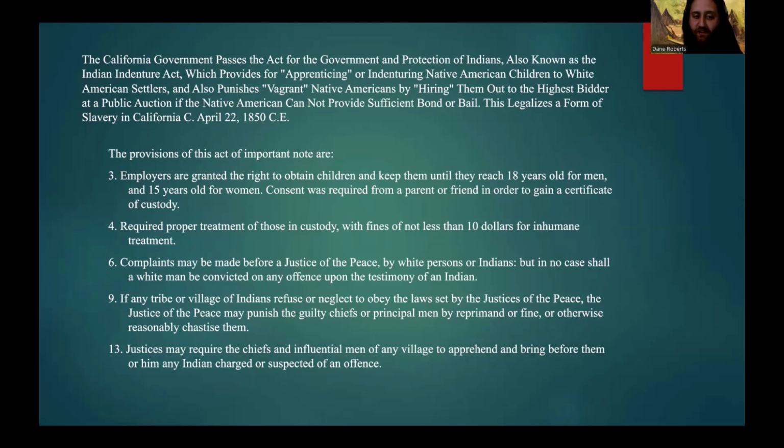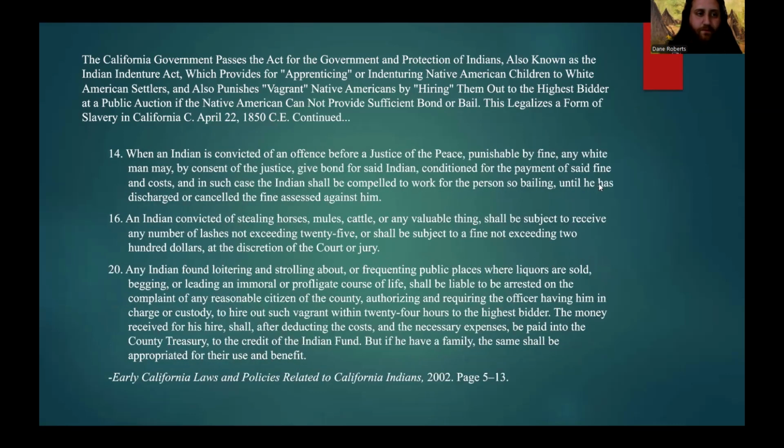states that justices may require the chiefs and influential men of any village to apprehend and bring before them or him any Indian charged or suspected for offense.